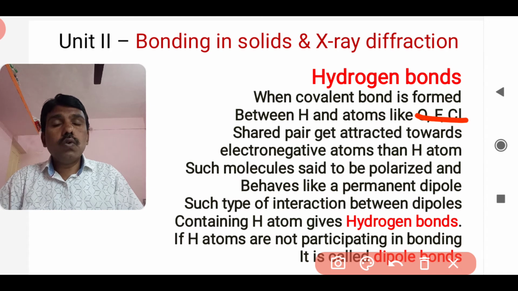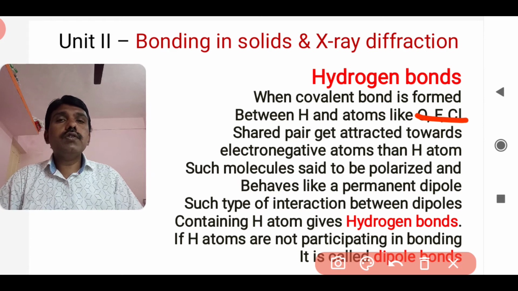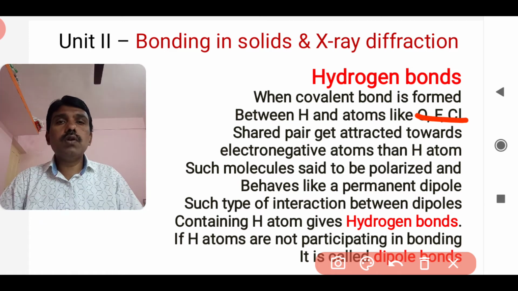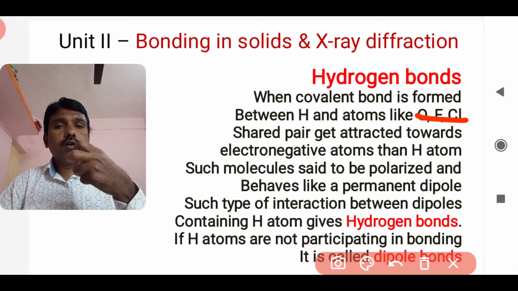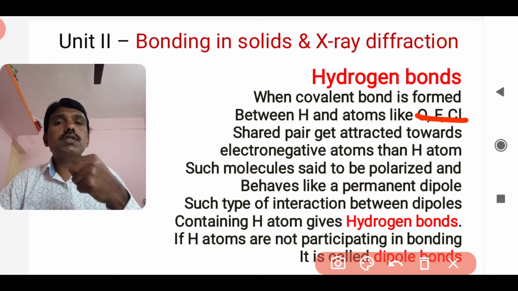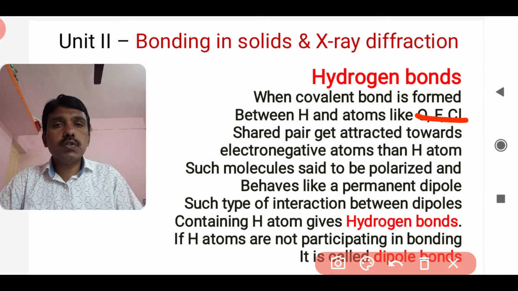That is why oxygen is electronegative. Hydrogen has only one electron in the outermost shell, and when two hydrogen atoms form covalent bonds, the more attraction and strength is towards the oxygen, so we can say oxygen has the greater electronegativity.